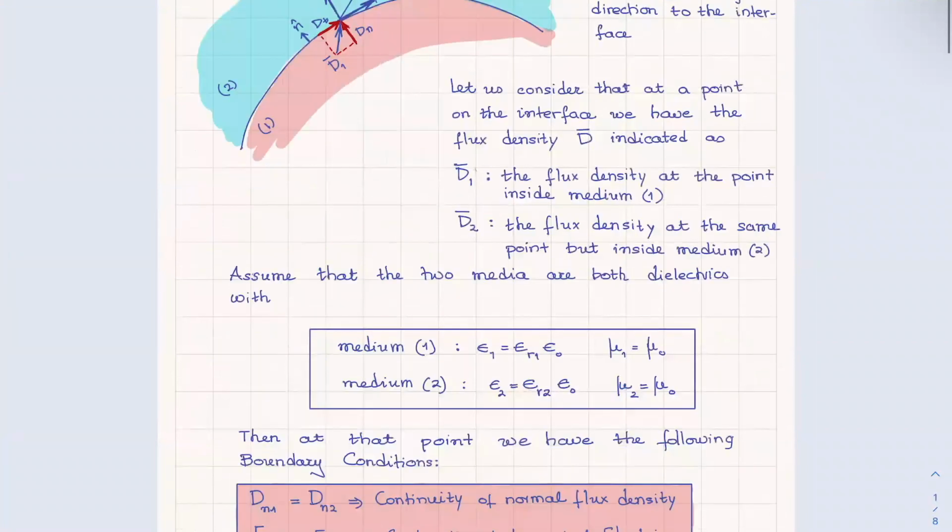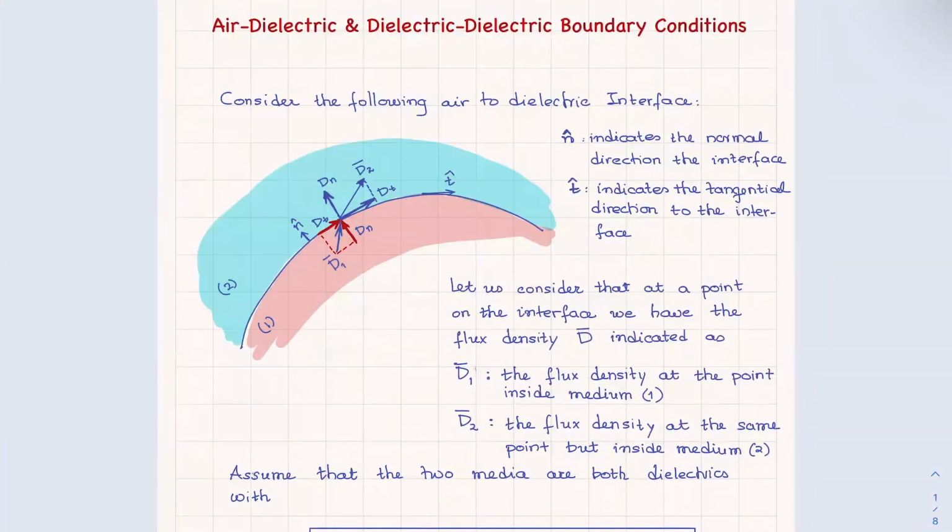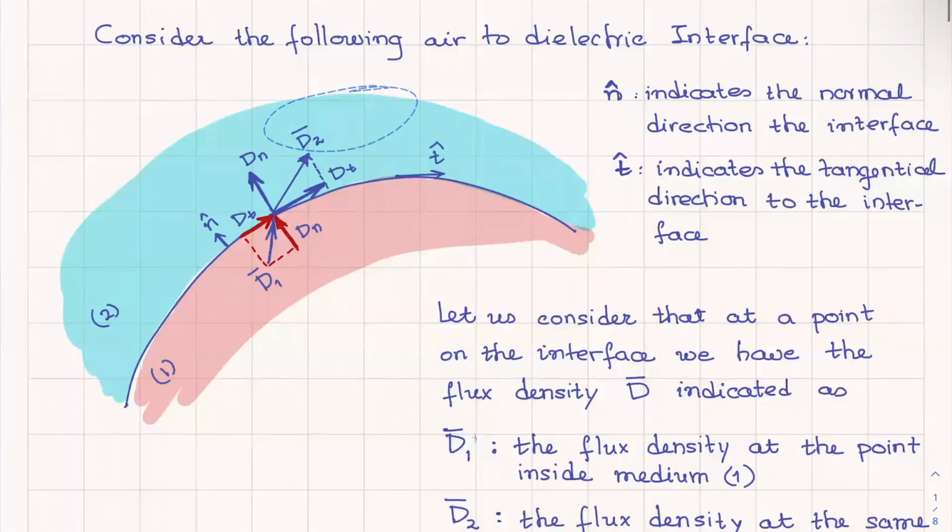All right. So this one is dielectric 1, and this one is dielectric 2. And what we've mentioned is that if we take one point on a dielectric interface, D at that point will, in the most general case, have a particular direction that is shown here.